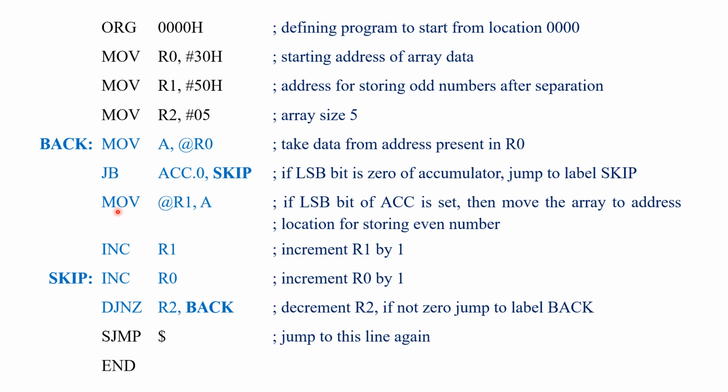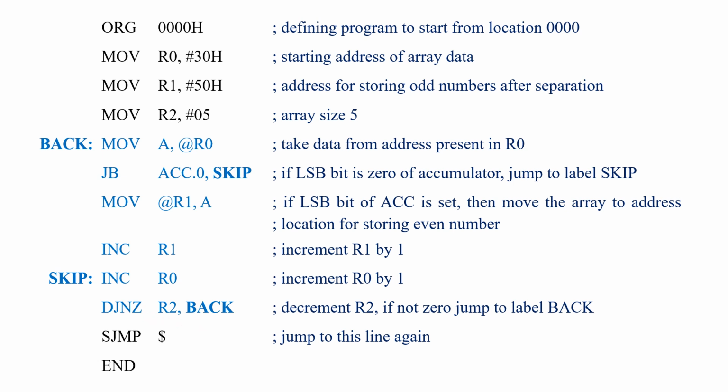It will come to this location, so then MOV @R1, A. R1 starts from the memory location 50H. To that location, the content of the accumulator will be stored. Right? Then increment R1, then increment R0, then decrement the counter, and it will come back to this loop until the counter becomes equal to 0.